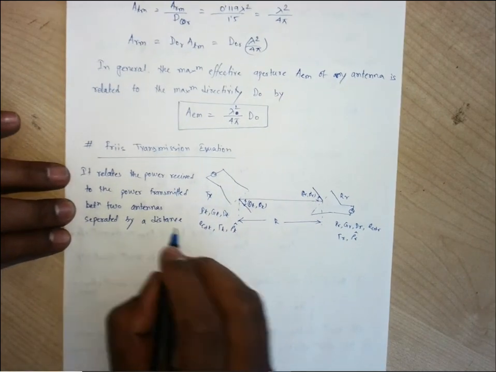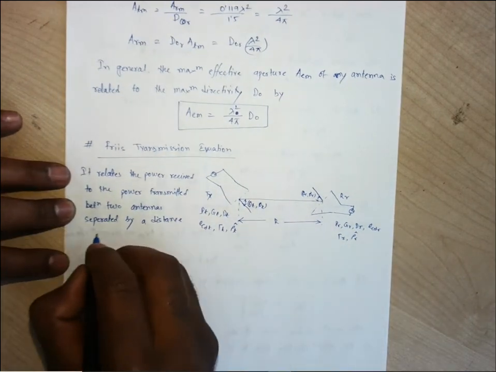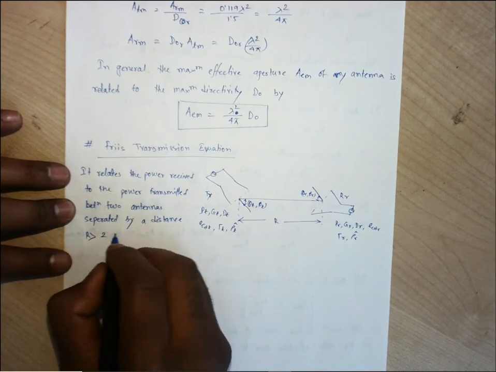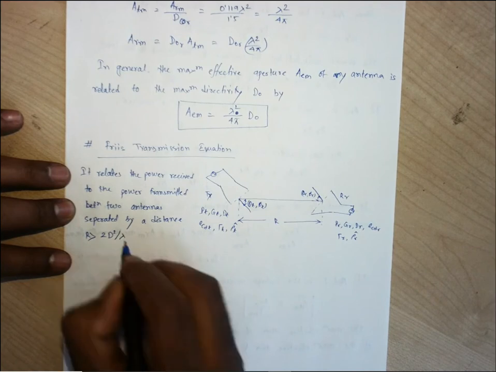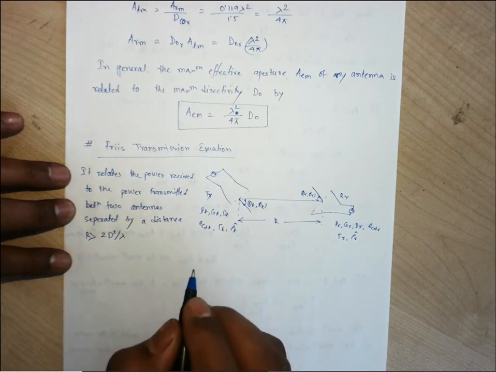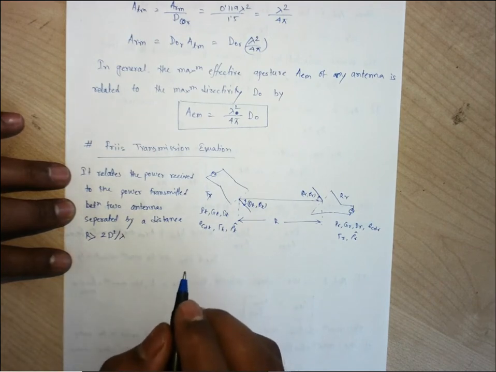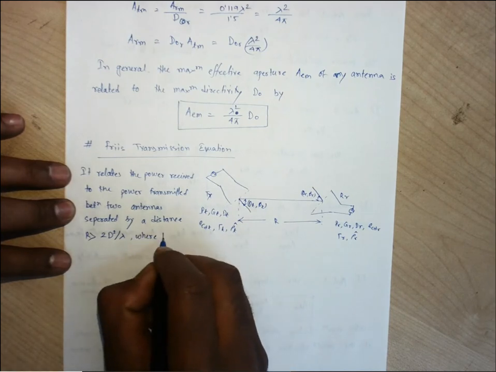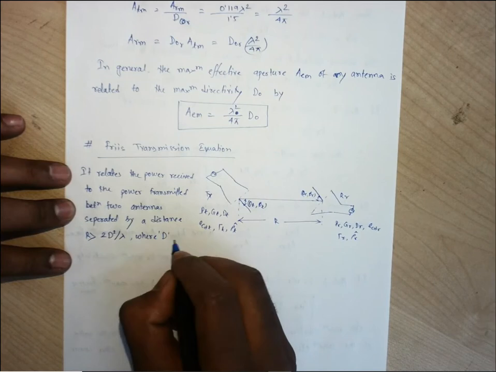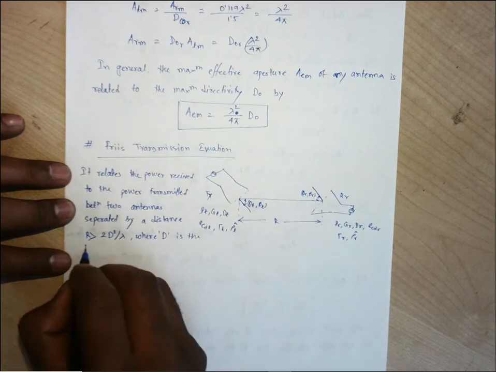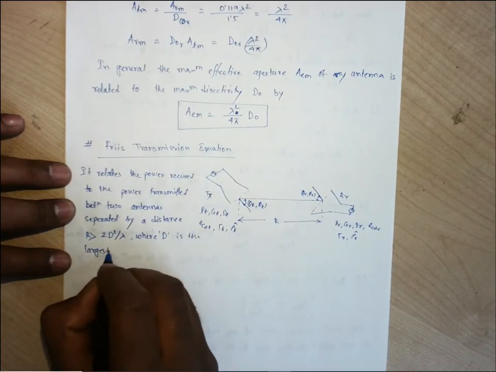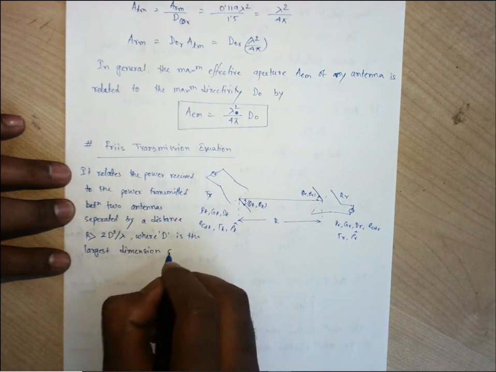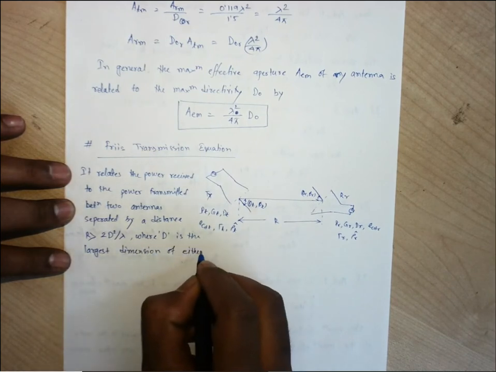What is that distance? This R is greater than 2D square by lambda. So what is this D? D is the largest dimension of either antenna.